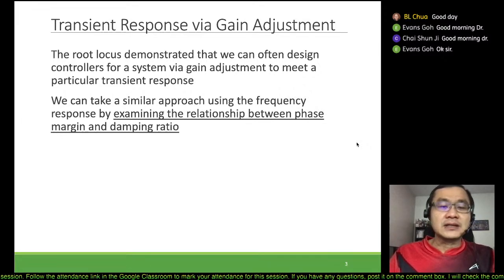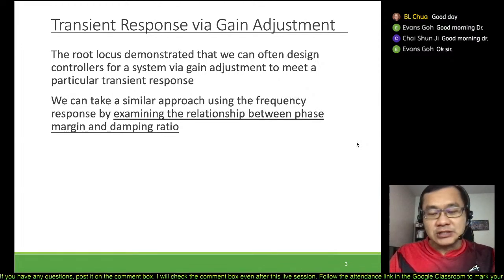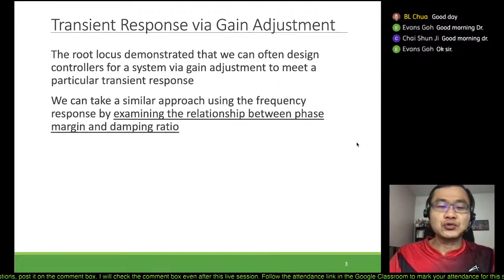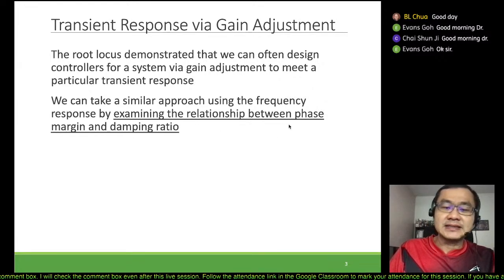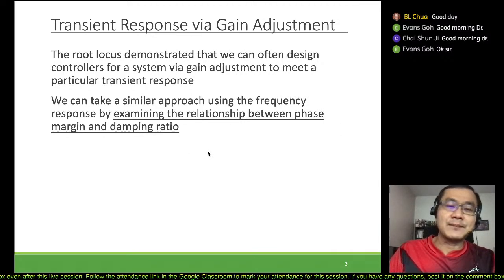In a similar way, we would want to use the frequency response to adjust it, but this time using the phase margin as well as the damping ratio.